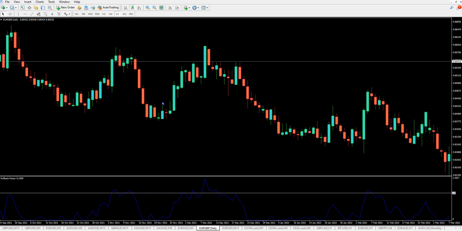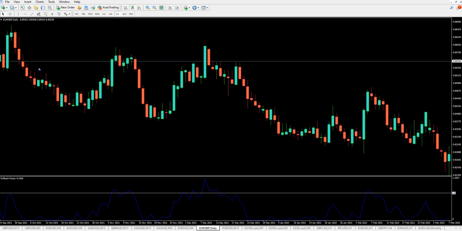And so what this indicator does is basically telling us when a pullback is at its peak, where it's going to reach its maximum retracement. And that's what this 1.5 line is for.